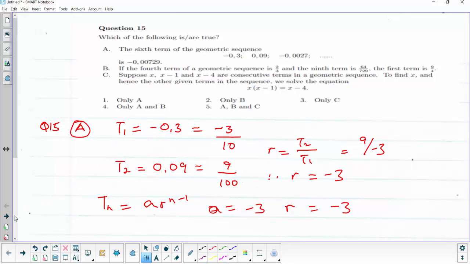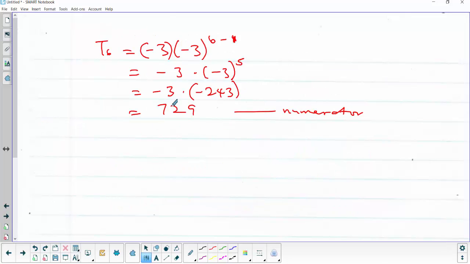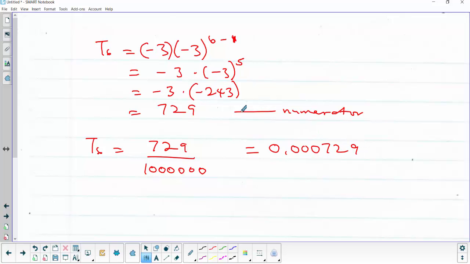So T6 is 729 divided by 1 followed by 6 zeros, which is 1, 2, 3, 4, 5, 6. When we convert it to decimal, it's going to be 0,000729.